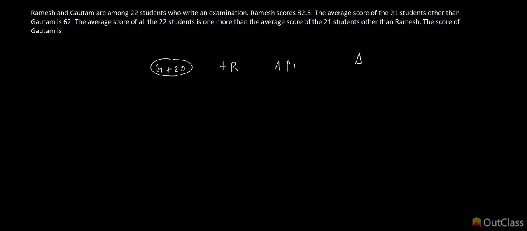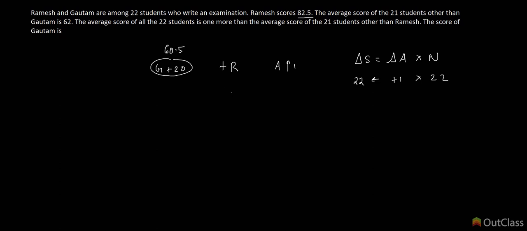So you can write delta S is equal to delta A into N, where average increased by 1 and the final number of people is 22. So the delta S was 22. Ramesh's score was 22 more than the old average of the 21 people. And it is already known to us that Ramesh scored 82.5. So the old average was 60.5.